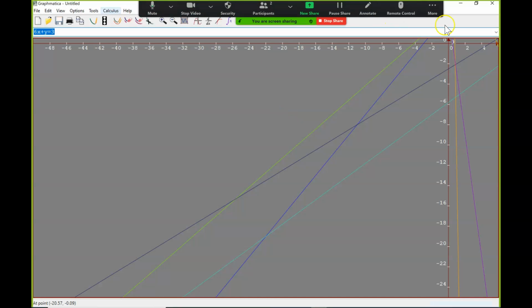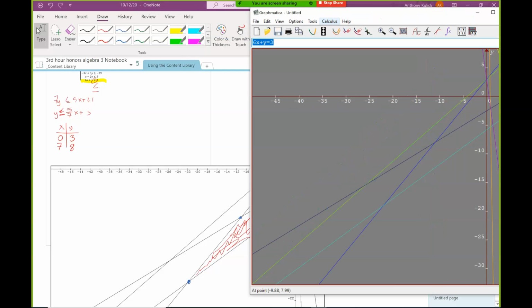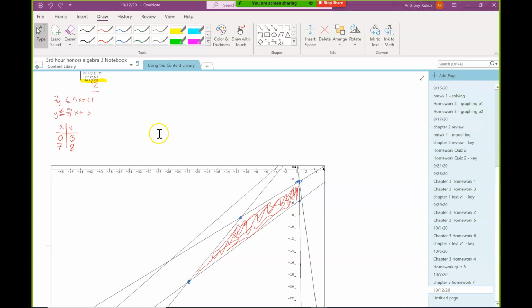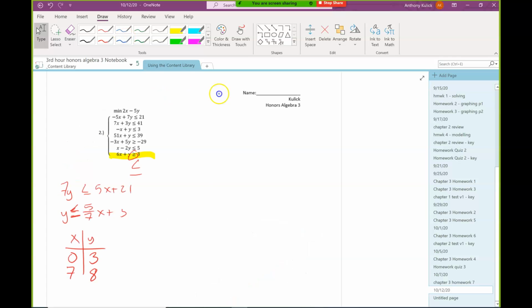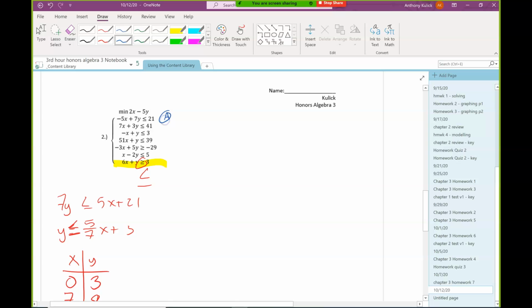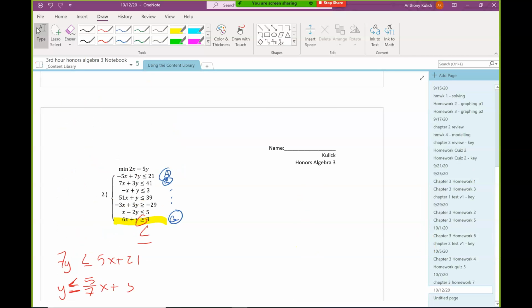Let me go back to the graph because I can do that from here. But I want to be able to look at that. Okay. So I'm going to just call these A, B, C, D, E, F, all the way down to G. And I'm just going to label these here on the graph.